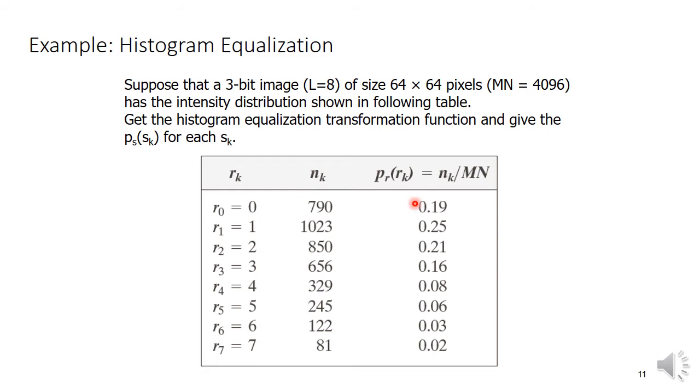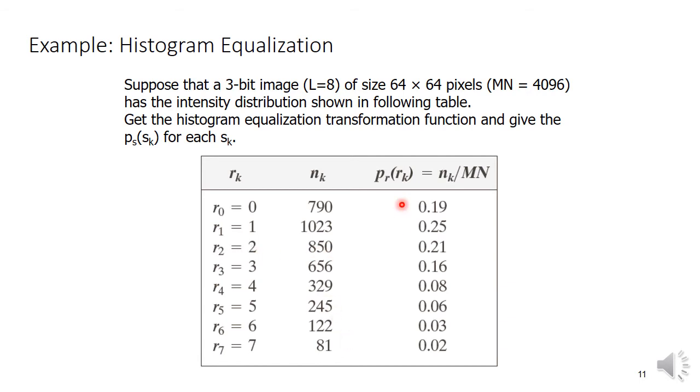So here we have another value which is nk. Nk means there are 790 pixels whose intensity value is 0, and we have 1023 pixels whose intensity value is 1, and similarly we have 850 pixels whose intensity is 2, and so on.